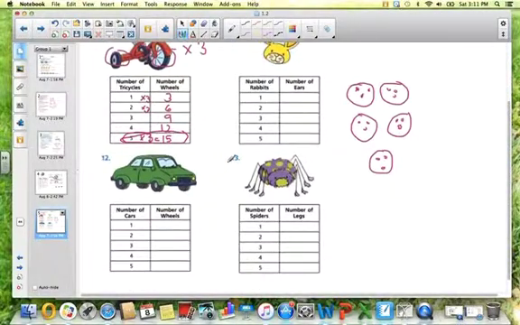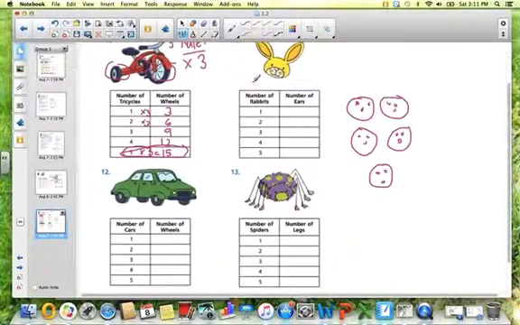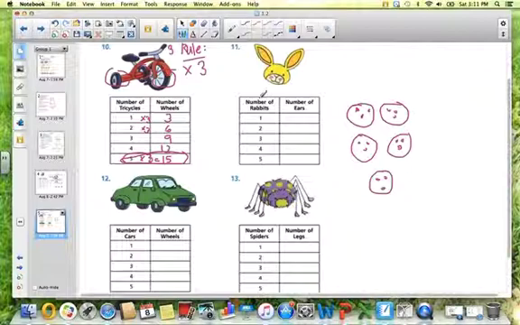Okay, so let's move on to 11. We have a bunny rabbit, and it says number of rabbits, number of ears. So how many ears does a bunny rabbit have? 2. So what's our rule going to be? I hope you've already guessed it before I write it: multiplied by 2. We have 2 ears.